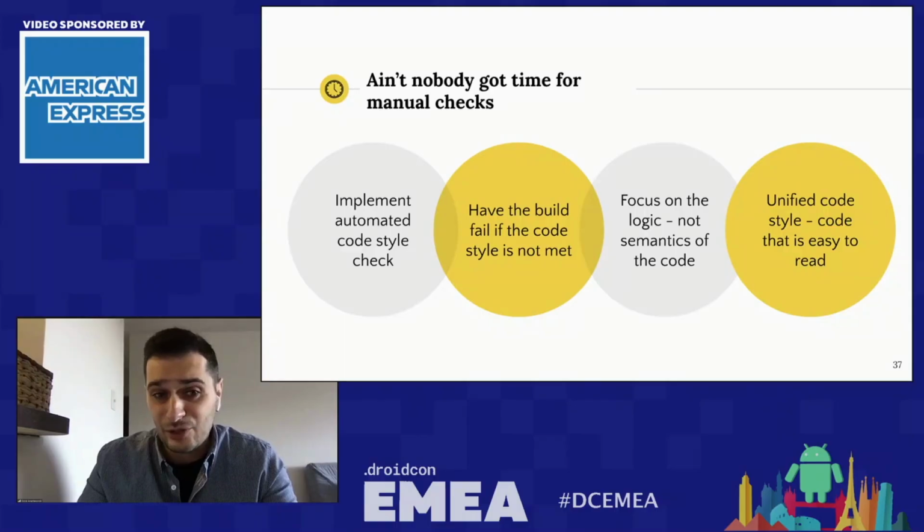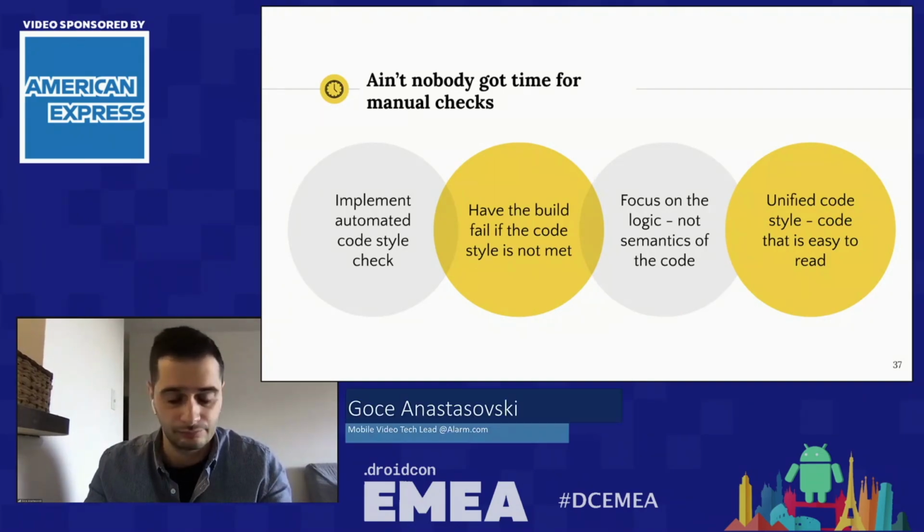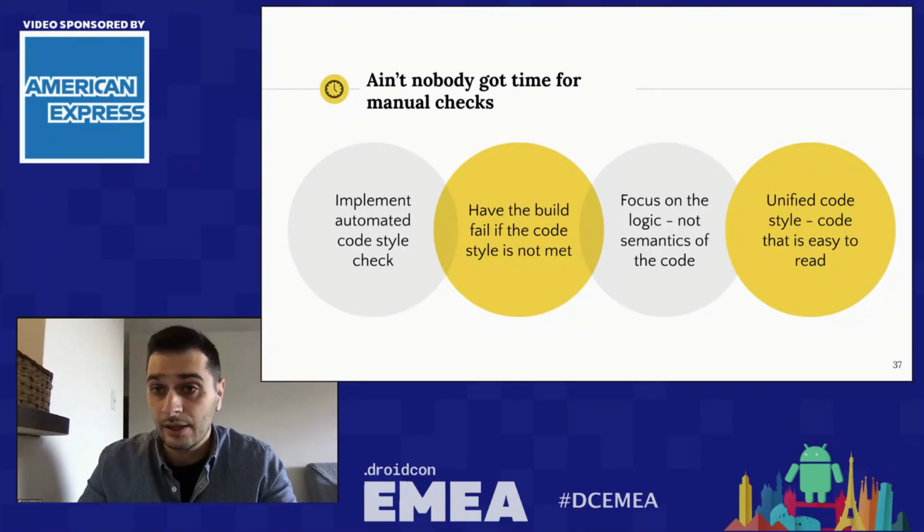Nobody has time for manual checks. If you have a code style that you use, integrate that code style file in your continuous integration, like Jenkins, Bamboo, whatever it is you're using. And have the build fail if the code format or code style is not met. If you expect engineers to provide public comments on public functions, then make sure everybody is doing it.